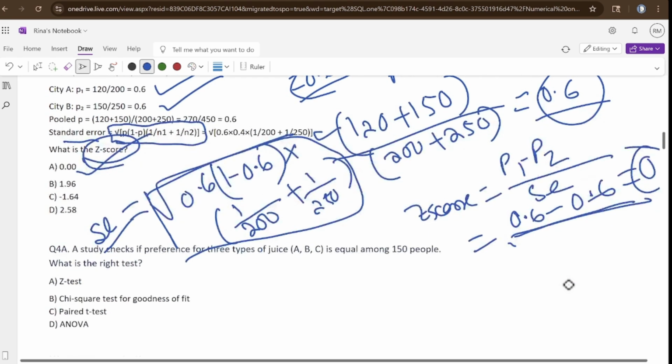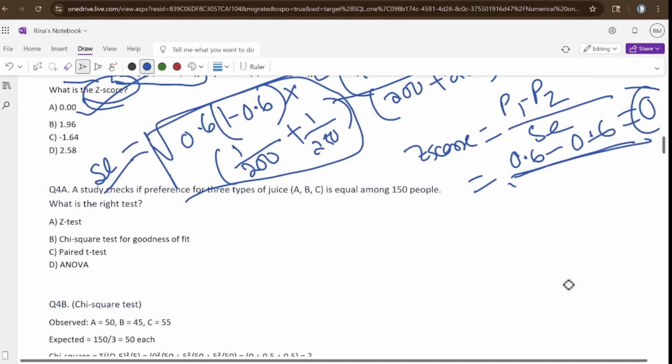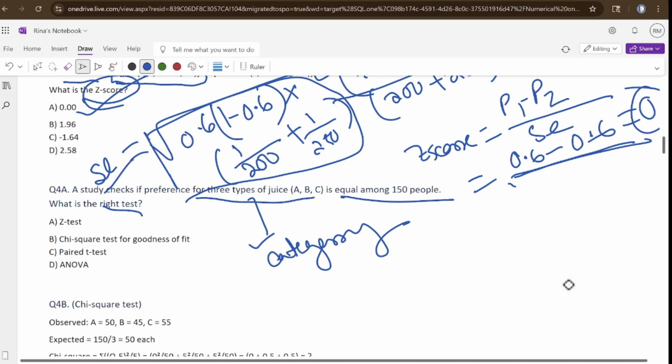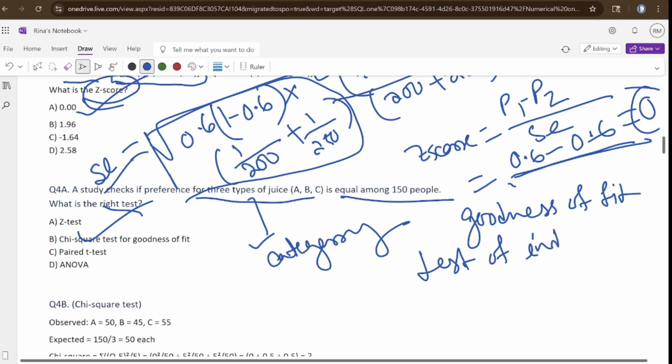Okay. Now next one. A study checks if preference for 3 types of juice is equal among 150 people. So you can see this is a category. I told you for category you have to go for chi-square test. Chi-square test is of 2 types. One is goodness of fit. Another is test of independence.